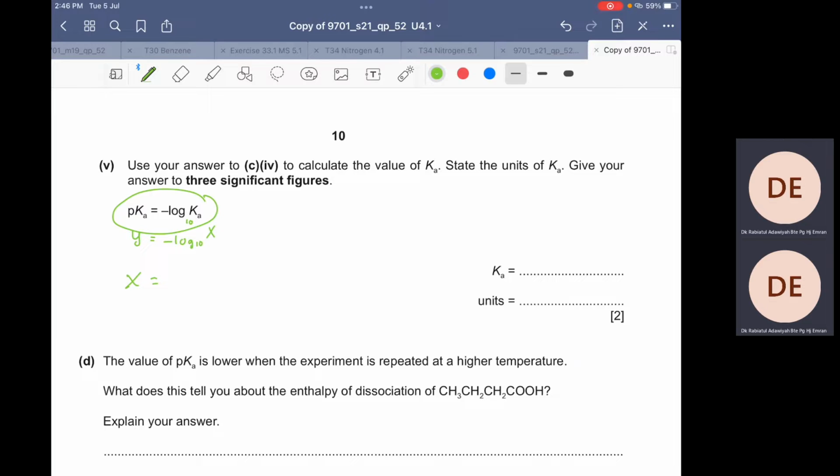x is equal to 10 to the power of... what about the negative? Ten to the power of minus y. Okay, so if I were to change that in chemistry, Ka is equal to 10 to the power of minus pKa. Okay, so you just have to type in your number, 4.84 in my case.